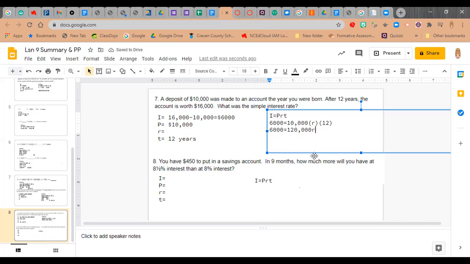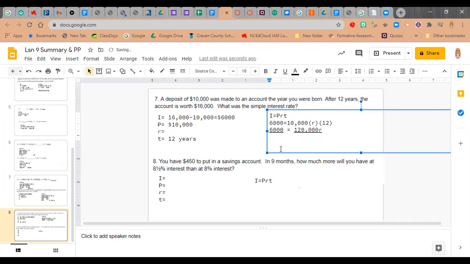So what is attached to the R? 120,000. So what are we going to do to both sides? Divide by 0.05? Why 0.05? Because it's 120,000, so you have to divide it to get the... Oh, you're a step ahead of me. Okay.